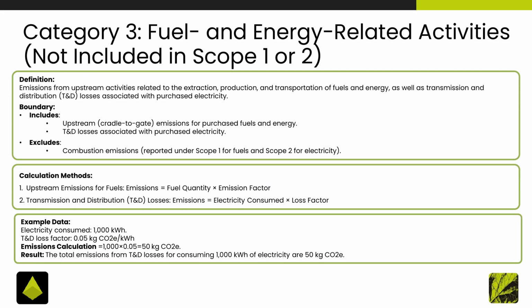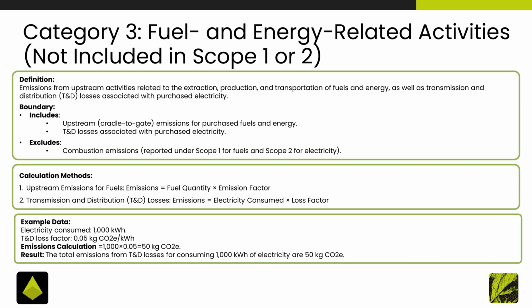Category 3 focuses on fuel and energy-related activities not included in Scope 1 or 2. This includes emissions from fuel production, energy transport, and electricity-related transmission and distribution losses. The boundary covers cradle-to-gate emissions for fuels and energy. Calculating emissions involves multiplying the fuel quantity by the emission factor and accounting for transmission losses by using electricity consumed and a loss factor.